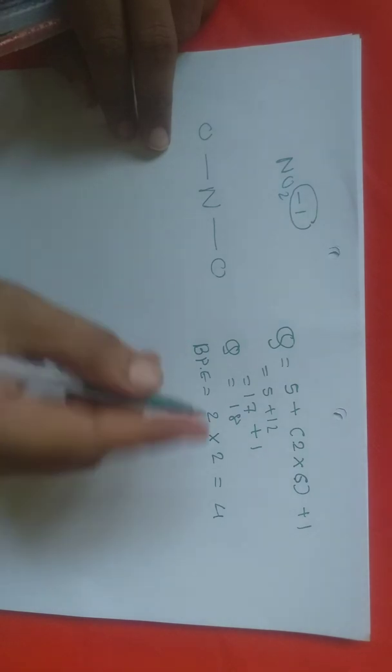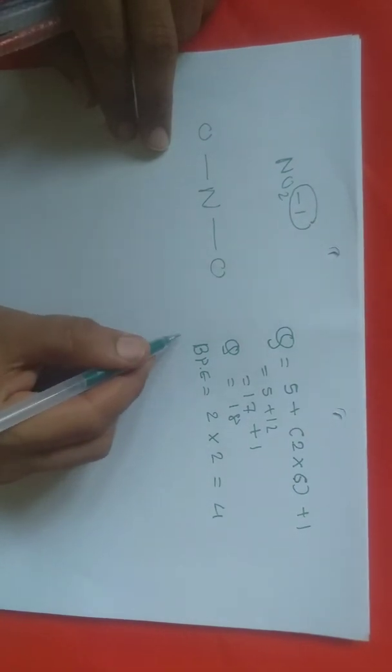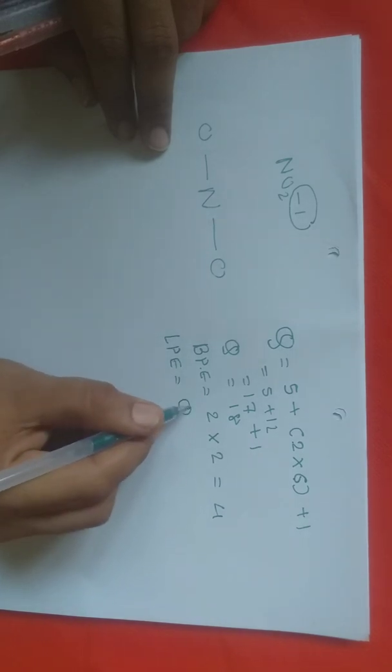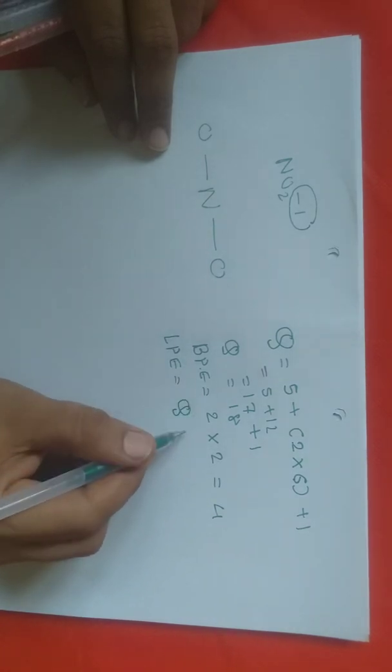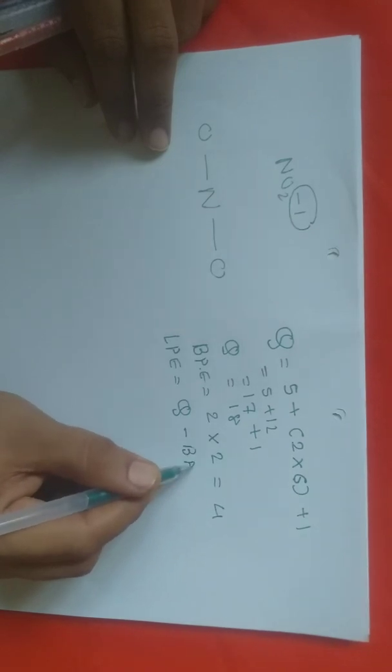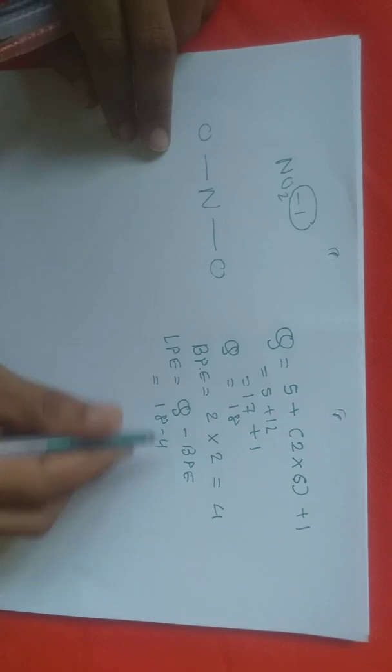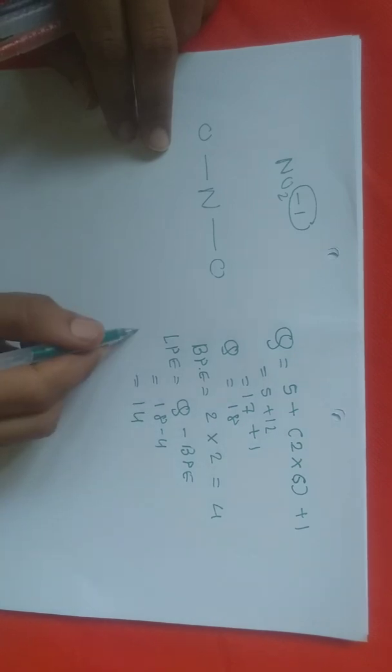So I have 4 as the bond pair electron. Now if I want to calculate the lone pair electron, it is nothing but total valence electron minus bond pair electron. So 18 minus 4, 14 is the lone pair electron.